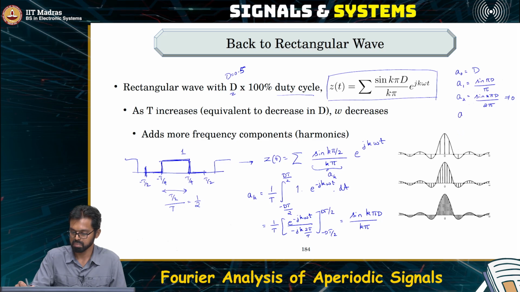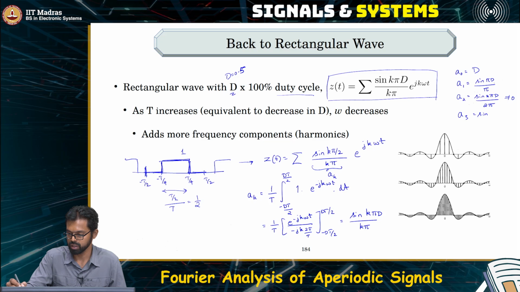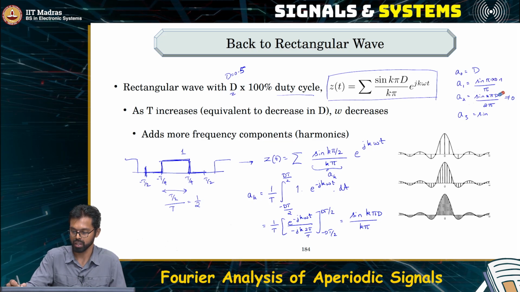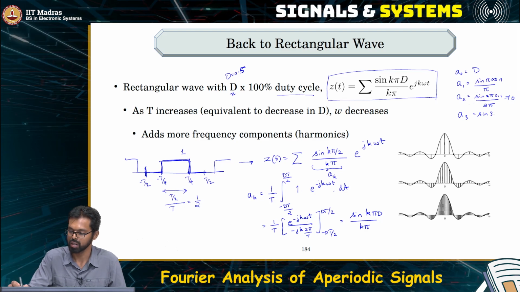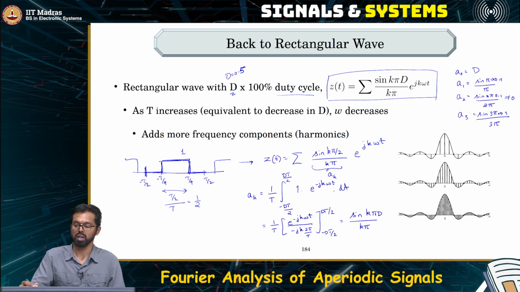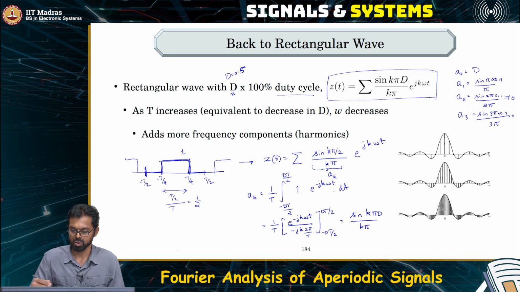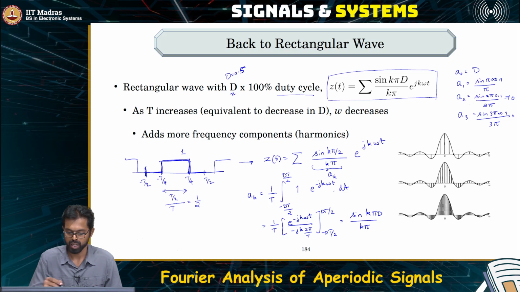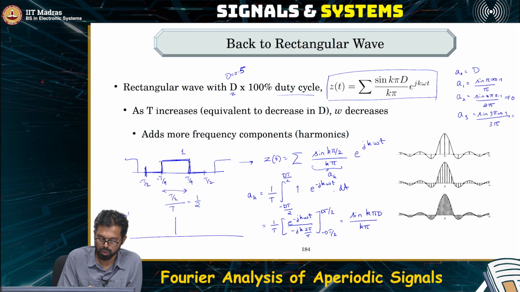So A3, once again we have sine. If d was 0.1, then we have here 0.1 times pi, here once again 0.1 times 2 pi, and here 3 pi times 0.1. None of these would be 0, right? So you will have a lot of values here which are non-zero. Earlier we got 1 by pi, 0, minus 1 by 3 pi. So let's plot this and see. Let us say we plot this for d equal to 0.1.